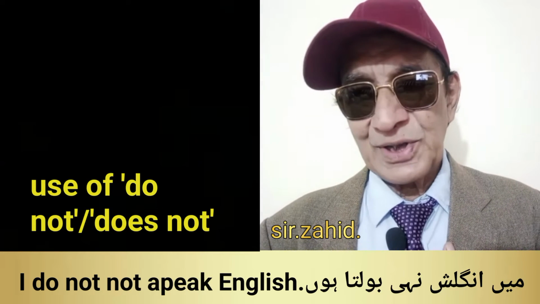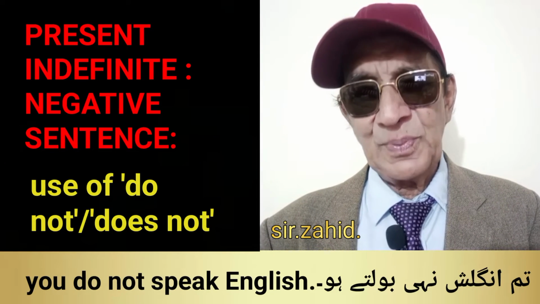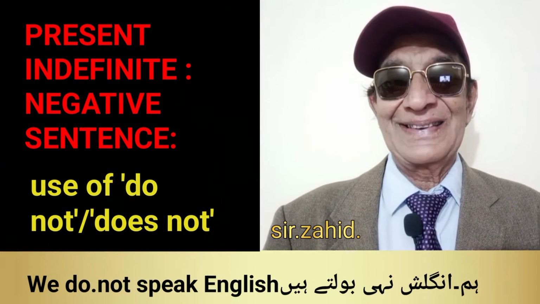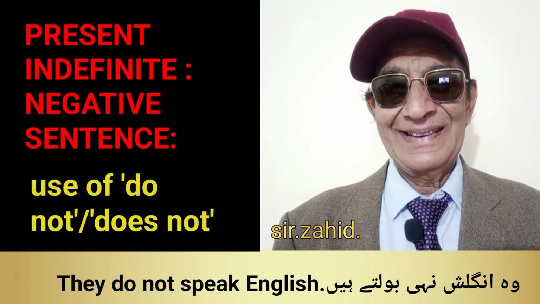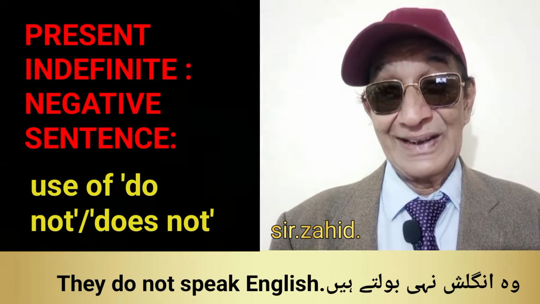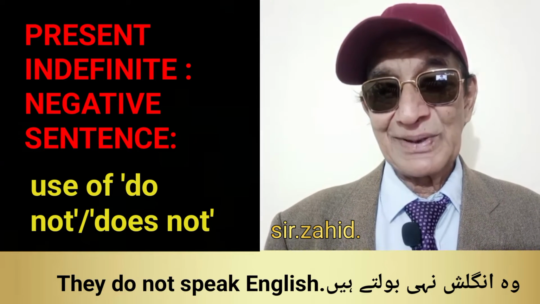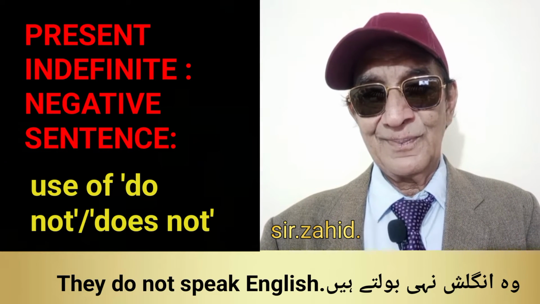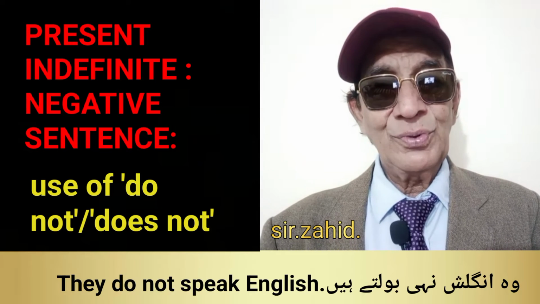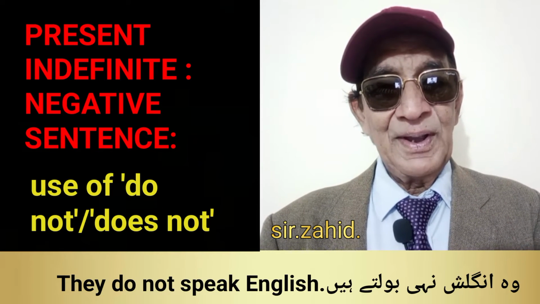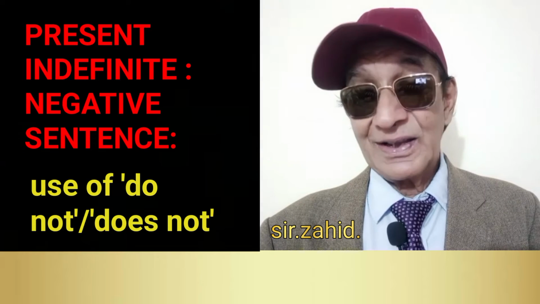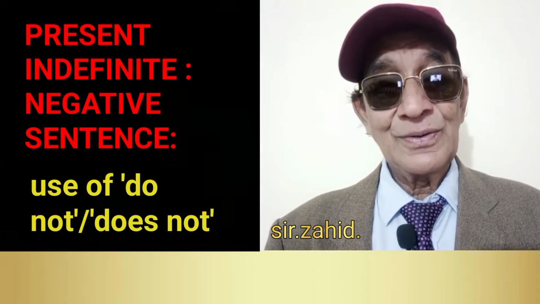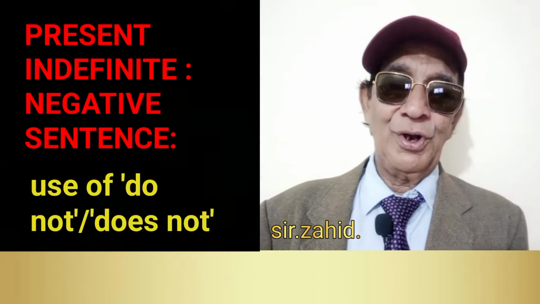I do not speak English, you do not speak English, we do not speak English, they do not speak English. I, we, you, they: similar number, first person, second person. Now third person: while it is third person, then we have to use does in the beginning, and we have to use does not just after the subject.